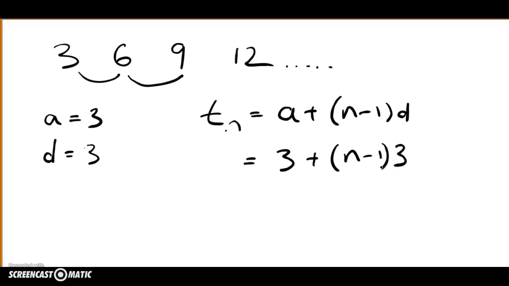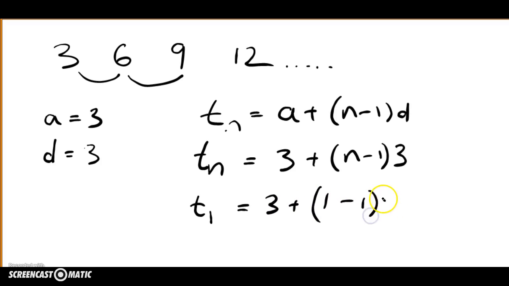Now, we can check to see if this is correct, because I can put n equal to 1: 3 plus n is 1, minus 1, times 3. 1 minus 1, that's 0. 0 times 3, that's cancelled, and we're left with just 3. So term number 1 is 3. So far, so good.